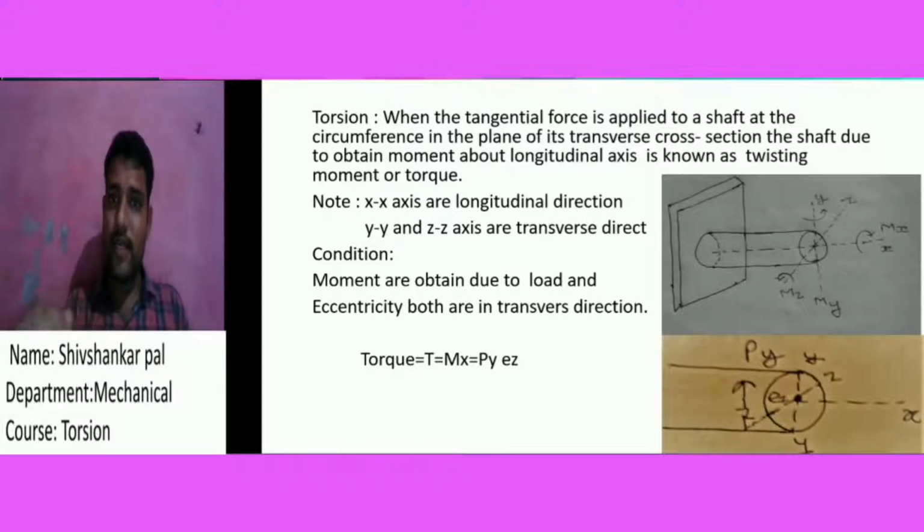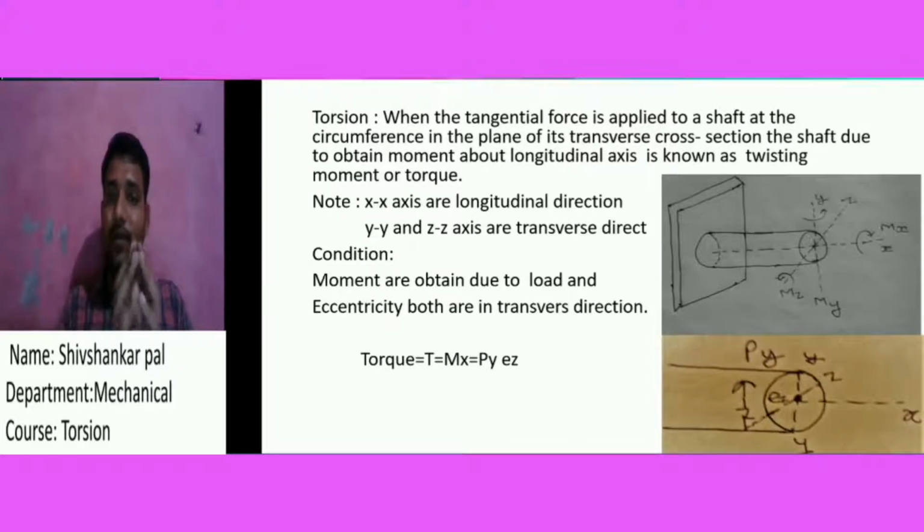So this is an eccentric load. When a load acts in torsion, the torque on the shaft is produced only by the eccentric distance, when the perpendicular distance is replaced by the eccentricity and the load.